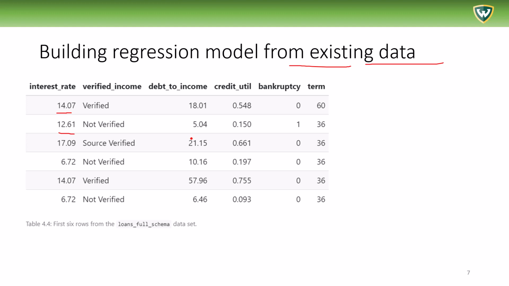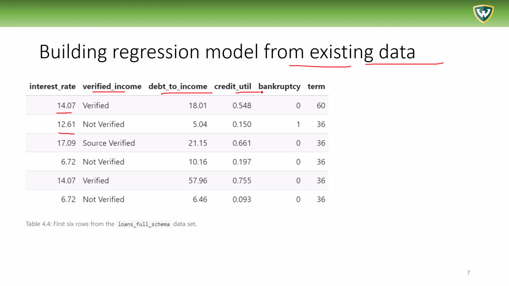But even though they decide that, we may also look at the data of existing interest rates in loans and other information about the borrowers and see what the trend is or how they are making this interest rate calculation. So the point is that we're building the regression model from existing data. It's always this way.